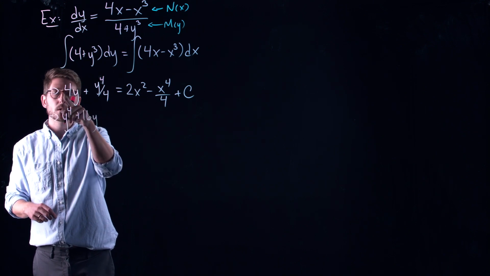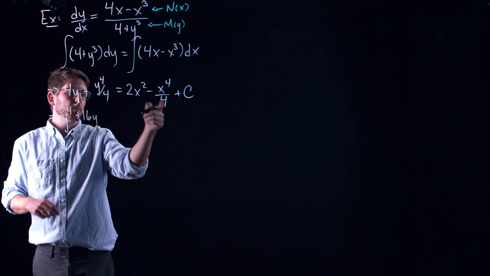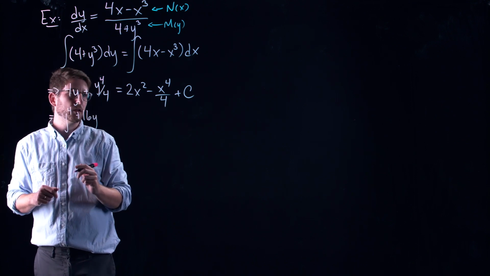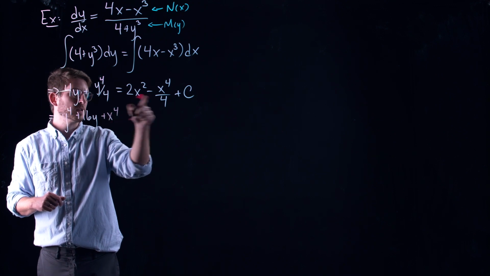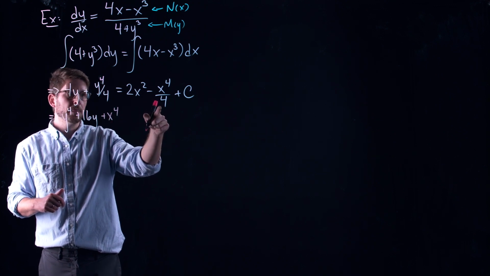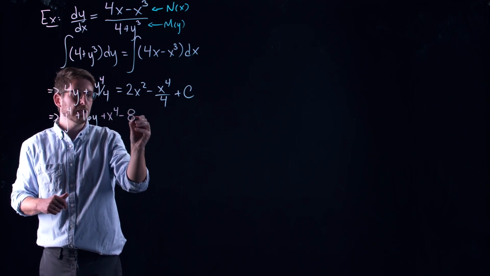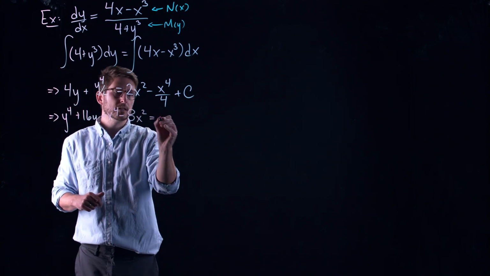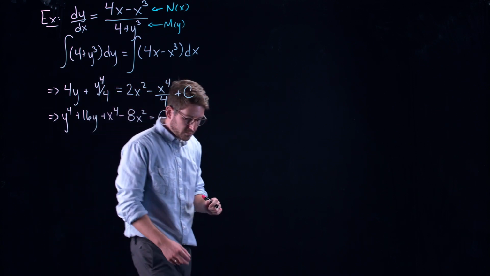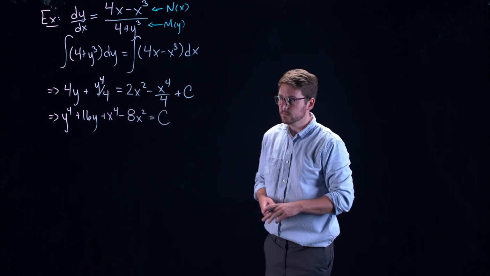That's coming from 4 times 4y. Pull all of the x's over here with us too, plus x to the 4. That's because I multiplied through by 4 as well, minus 8x squared. And this is equal to a constant c.